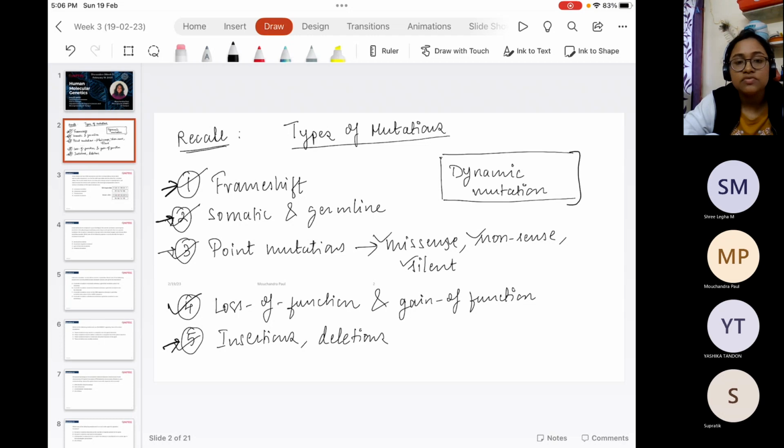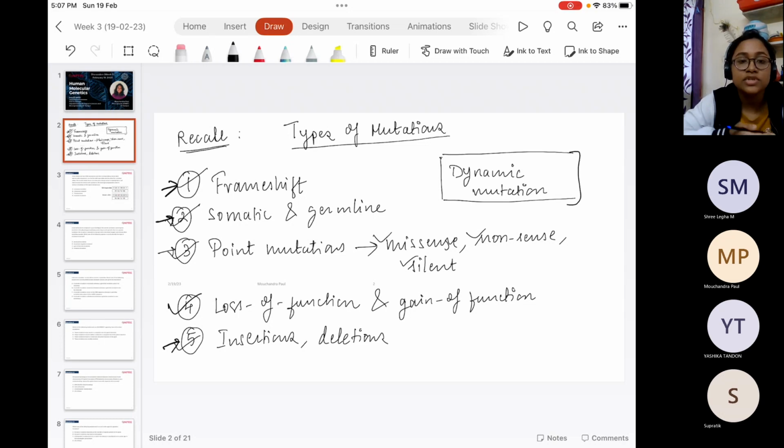So, loss of function mutation means whatever change in the base pair sequence has happened, it has resulted in loss of the normal functioning of a gene or its corresponding protein. So the normal function has been lost. Whereas in gain of function mutation, whatever sequence change has happened, it has resulted in a gain of a novel function.